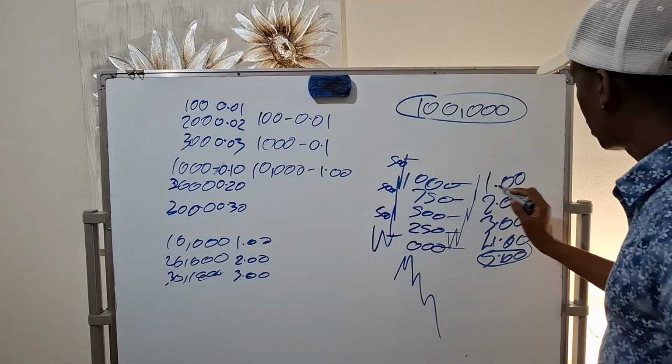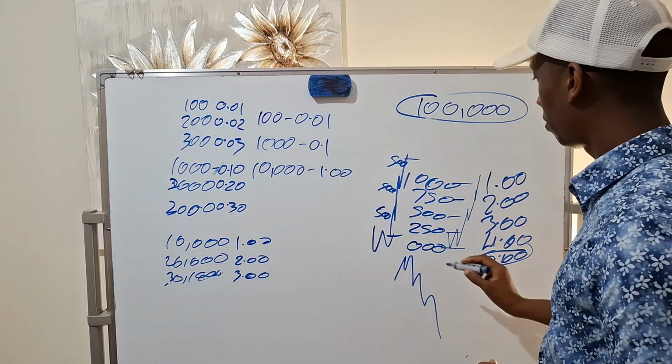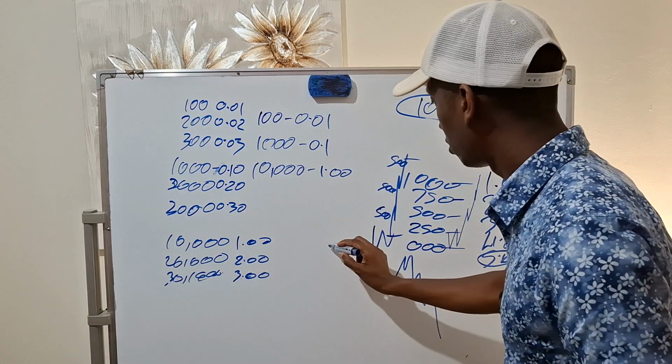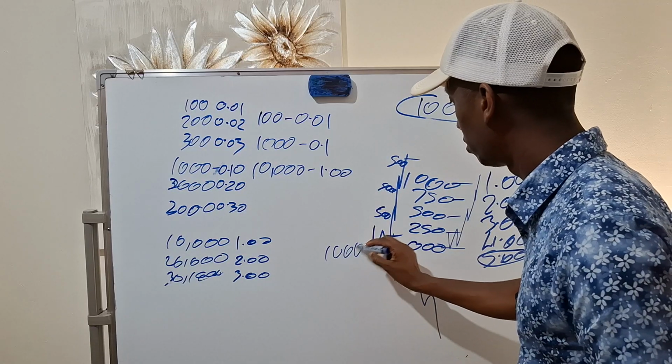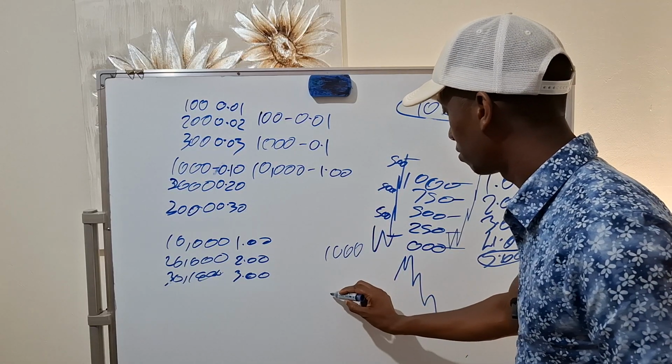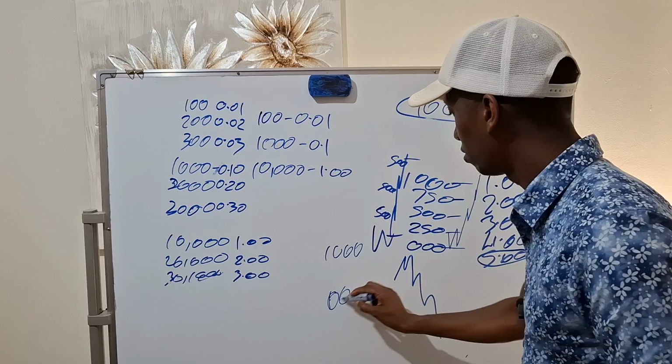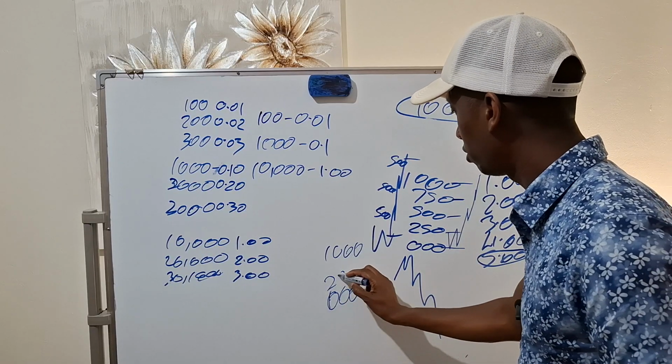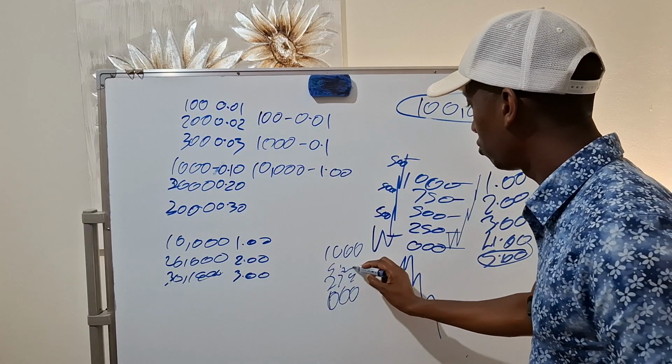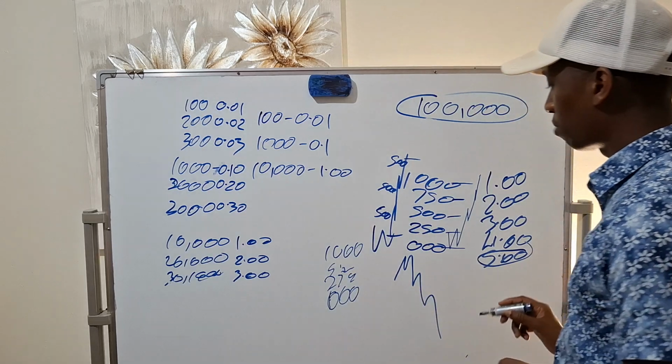So you could still be catching with one standard lot, $10 per pip. You could still be catching a 1,000 pip increment move on a cycle. The peak starts at 0, and then price trades to 250, then to 500, then 750, and goes straight to the 1,000 mark.